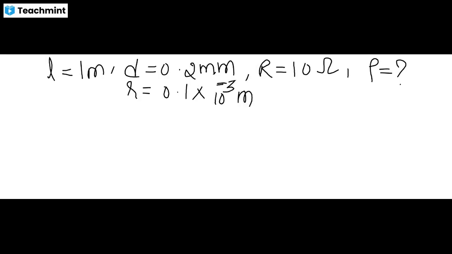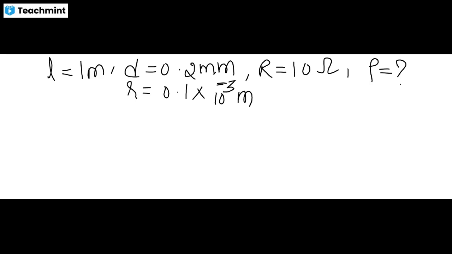Now radius is given. You should calculate area of cross section. What will be the shape of that wire? It's a circle, so the formula is pi r square.